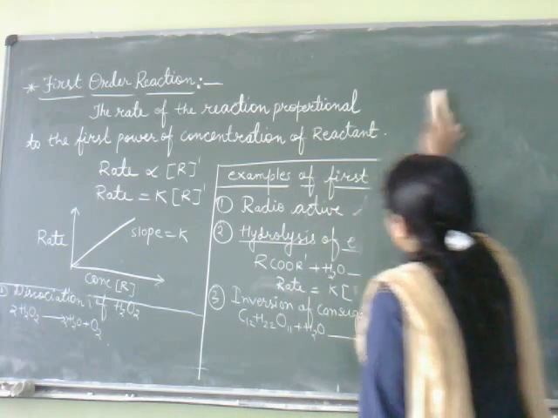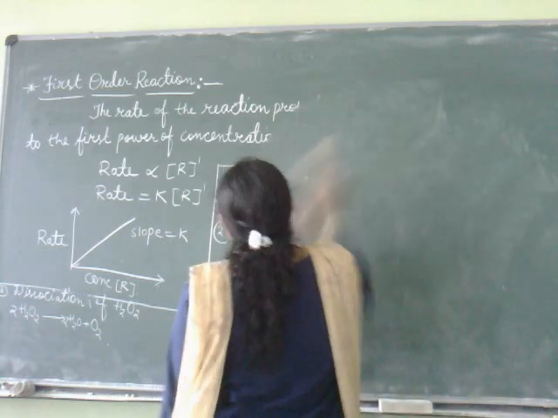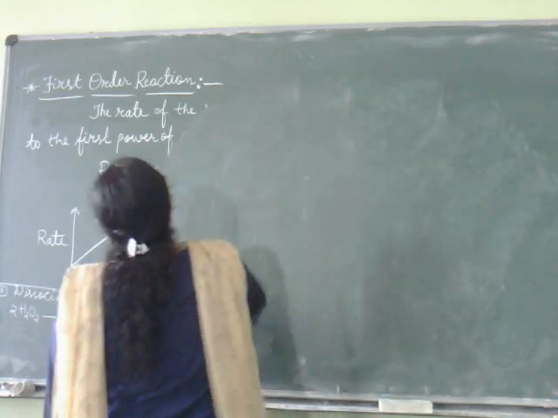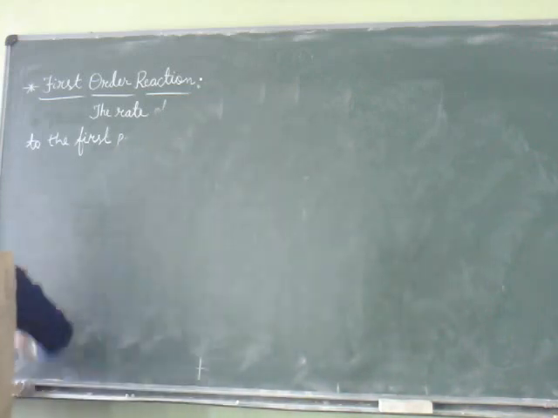Now we are going to see the integrated rate equation for first order reaction. Remember, in zero order reaction, the rate of the reaction does not depend on the concentration of the reactant. But in first order reaction, the rate of the reaction depends on the concentration of the reactant.